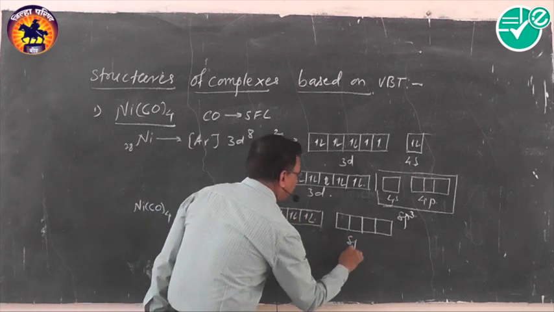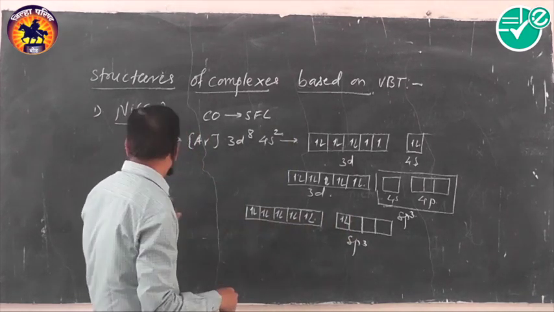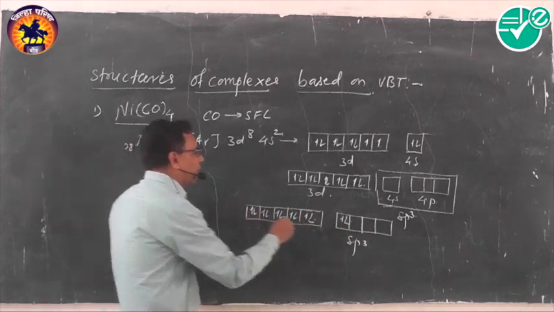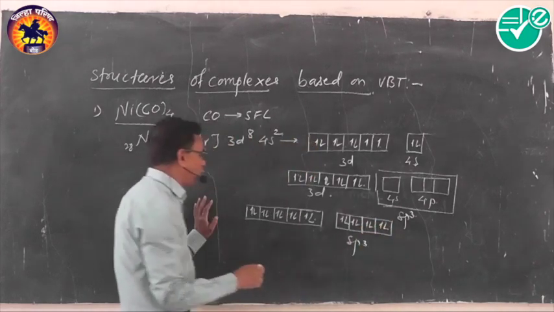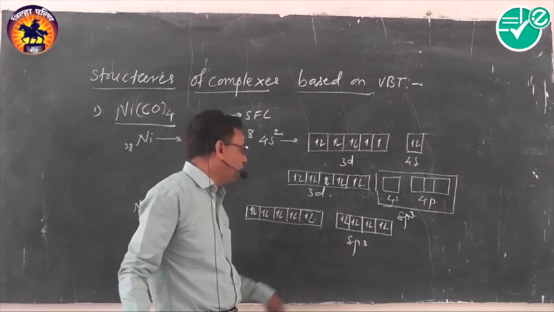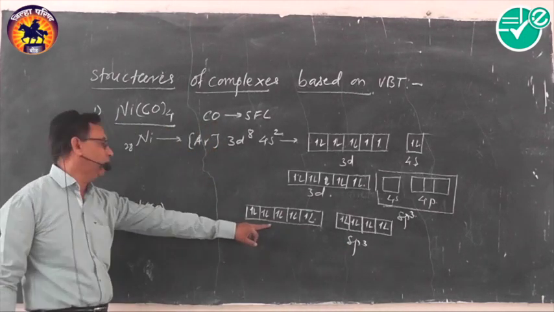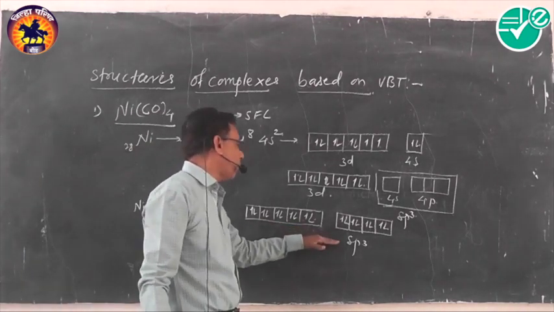Four sp3 hybridized orbitals. These 4 CO groups donate 4 electron pairs to these sp3 hybridized orbitals and form a complex like this, forming coordinate bonds. This is the electronic configuration in the hybridized state, or when the complex is formed.